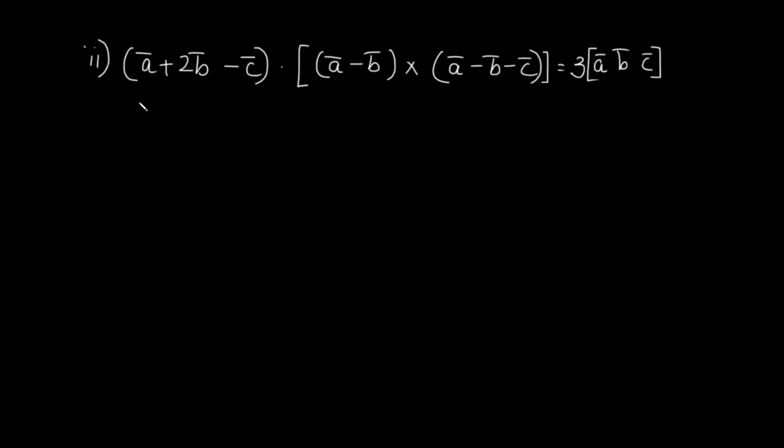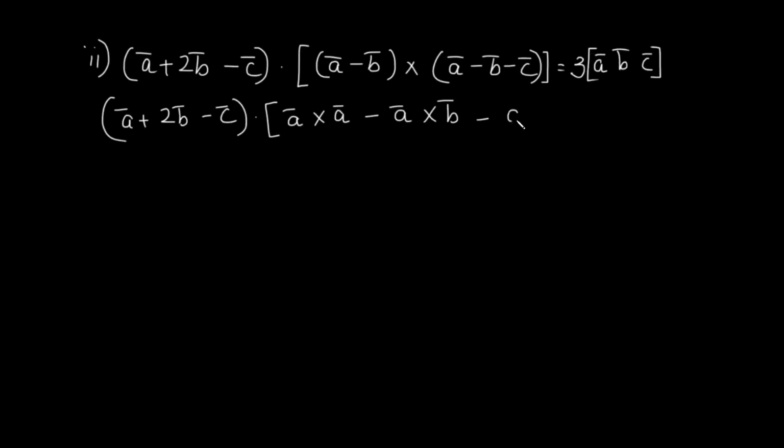Now in this particular case, we go in the usual manner, that is we write A plus 2B minus C outside the square bracket, and in the square bracket, opening the bracket, we get A cross A minus A cross B minus A cross C minus B cross A, minus into minus plus B cross B, and minus into minus again plus B cross C. This is our LHS again.